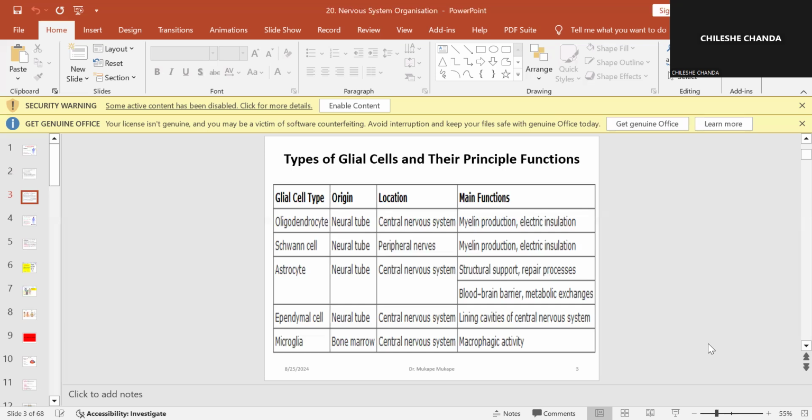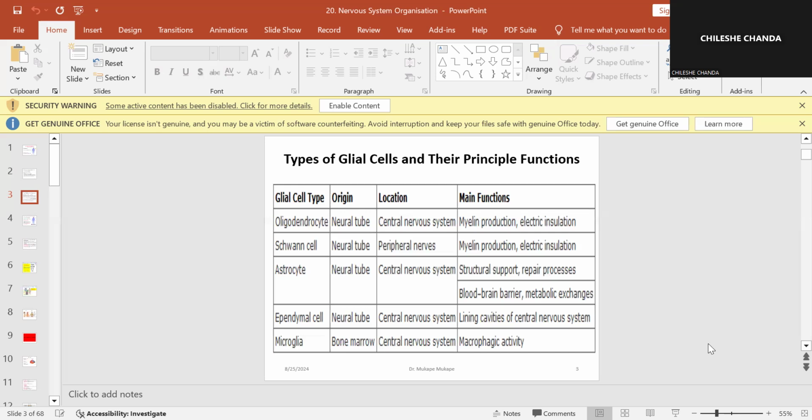They support the neurons, providing whatever is needed, and they repair worn out neurons if the damage is not too much. They form the blood-brain barrier, restricting what goes from the blood to the neurons and restricting metabolic exchanges between the blood and the neurons.